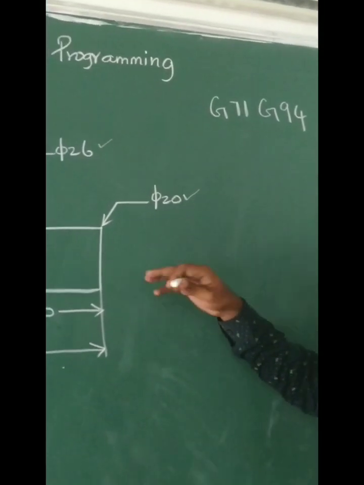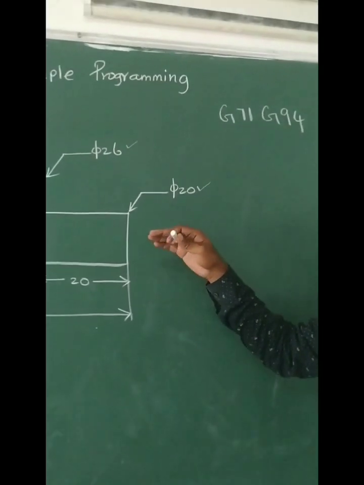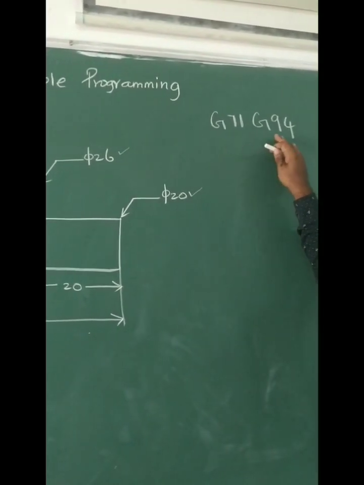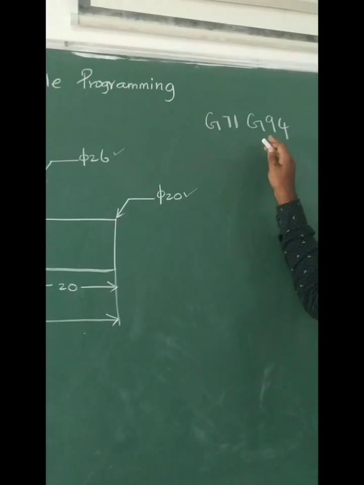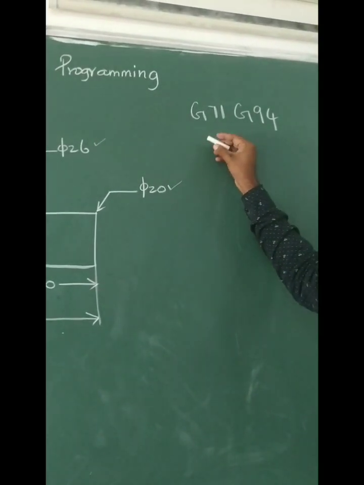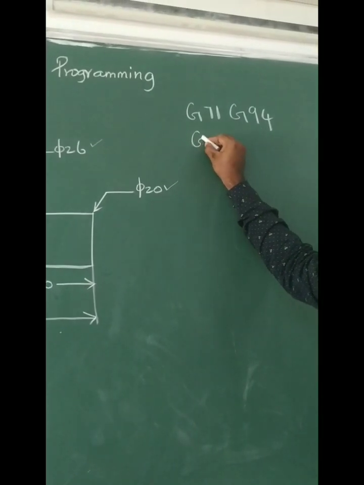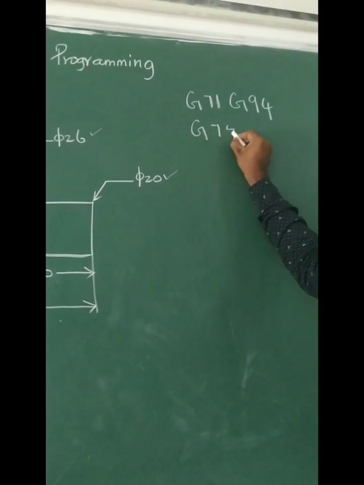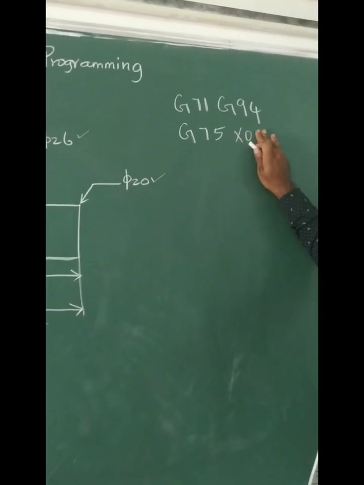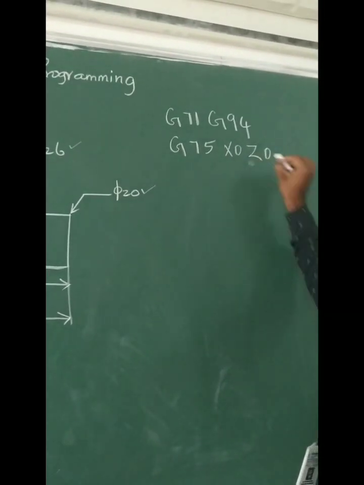For example, the workpiece is going to be fixed in a spindle. For the revolution of the spindle we have to give a command, that is G94, which means feed in terms of per minute, feed per minute. The second command we have to use is G75, X0, Z0.